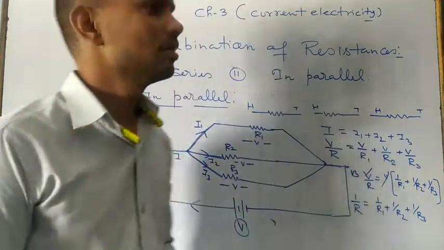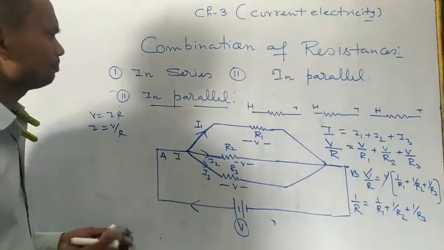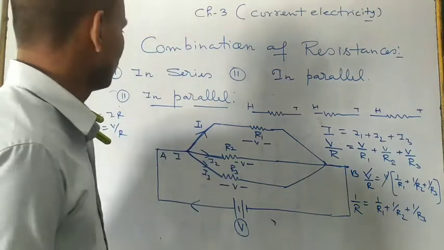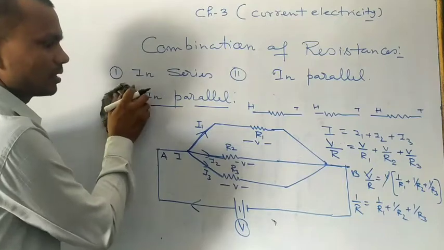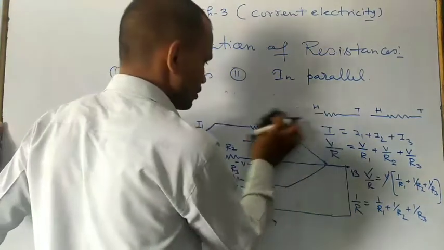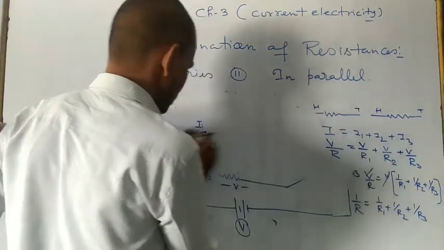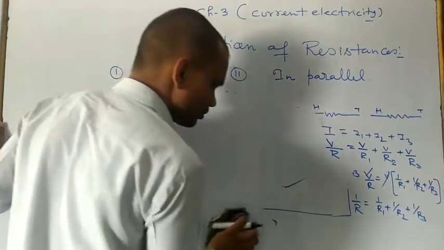In the case of the series arrangement the resistance increases, but in the case of the parallel arrangement the resistance is reduced. So for the verification, we are going to take one example.